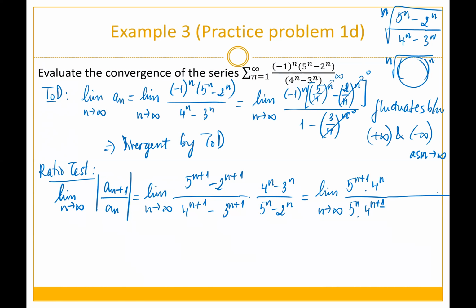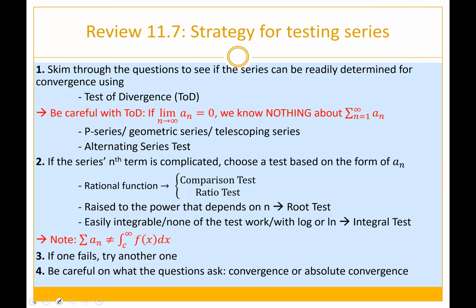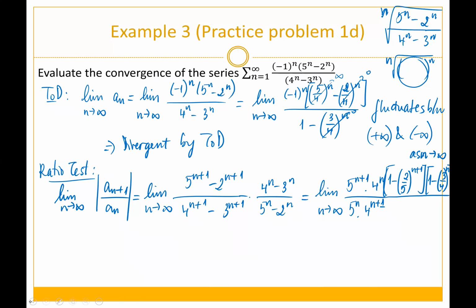What I have inside is 1 minus 2 over 5 to the n plus 1, and then 1 minus 3 over 4 to the n, and then here 1 minus 2 over 5 to the n, and then 1 minus 3 over 4 to the n plus 1. Now, as n approaches infinity, all of these 4 brackets are going to approach 1. So you don't really need to care about them.